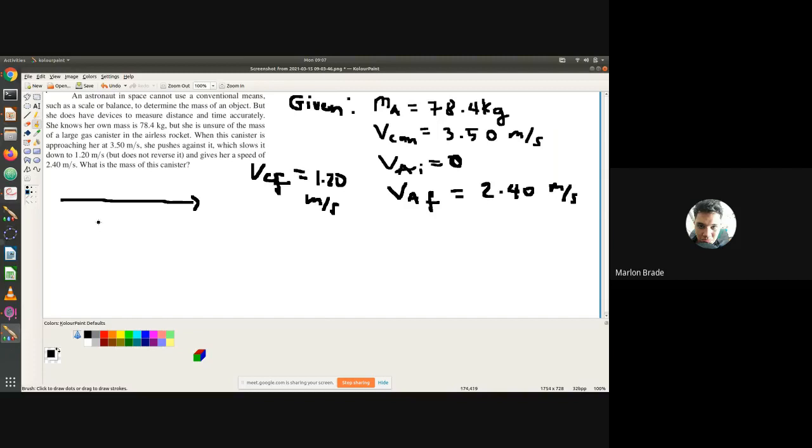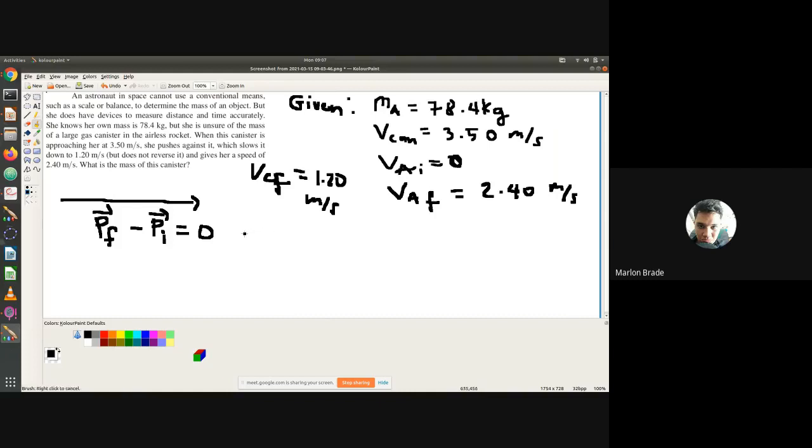So karon conservation of momentum. From the conservation of momentum, we know that the momentum final minus the initial is actually equal to 0.